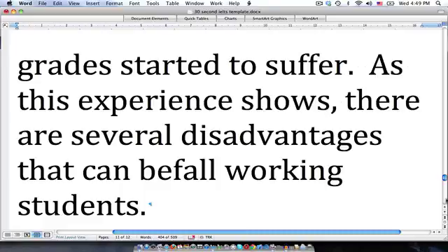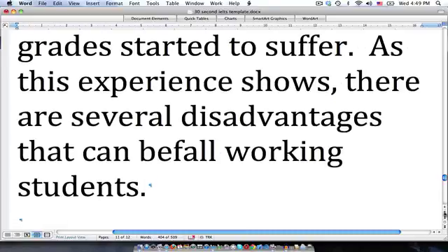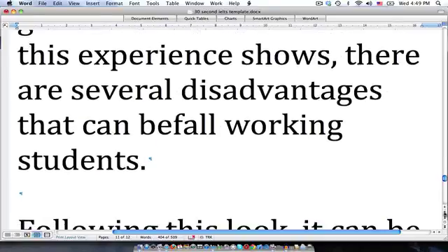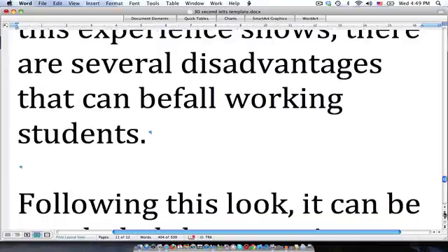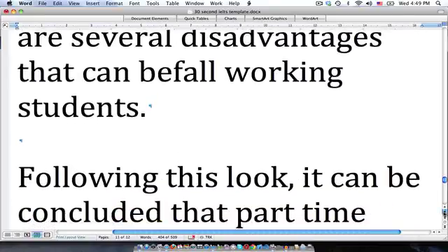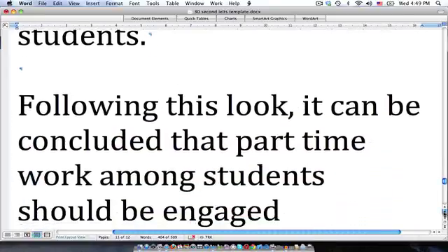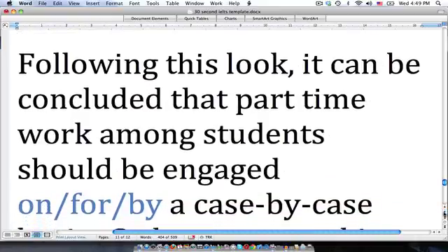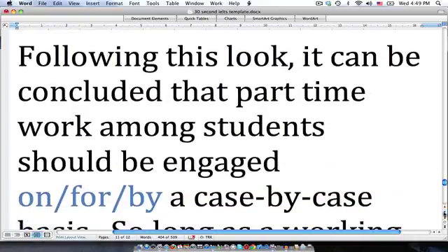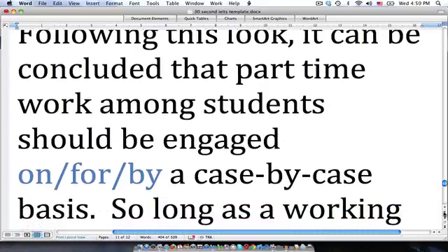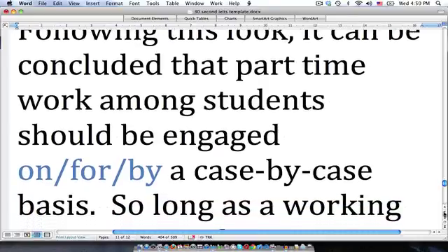And I hope as we go along here you're taking notes of any words that are new. For example, if "befall" is a new word, you might want to add that to your personal dictionary. Following this look, it can be concluded that part-time work among students should be engaged on by a case-by-case basis.